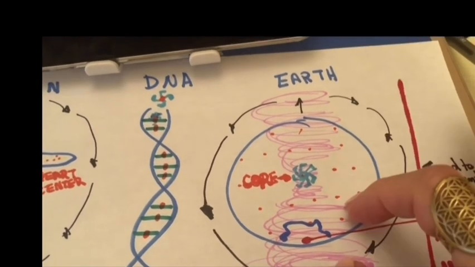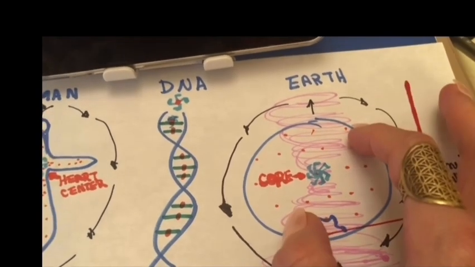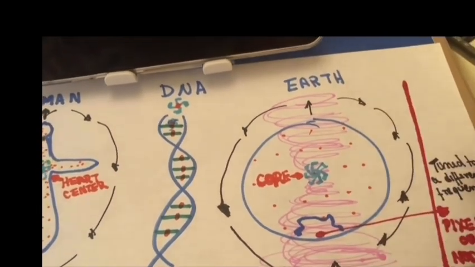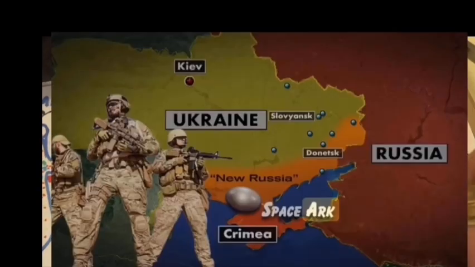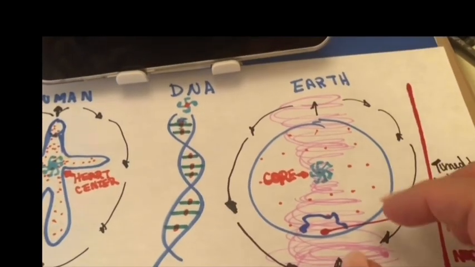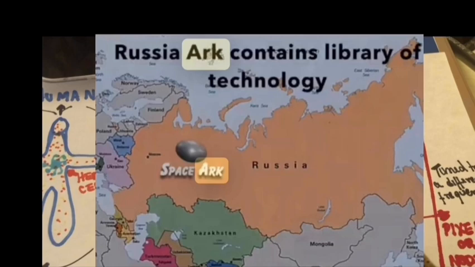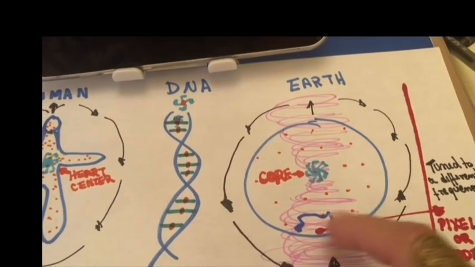We have under the Atlantic, we have in Russia, we have in Ukraine, we have the Triangle of Bermuda. So there's several arcs spread around the planet. And there were the arcs here in Atlantis.